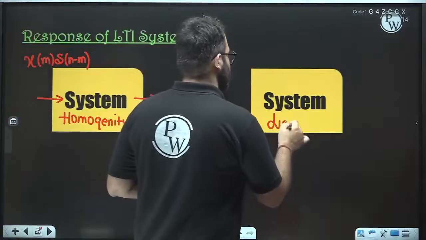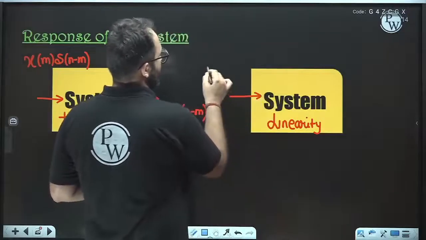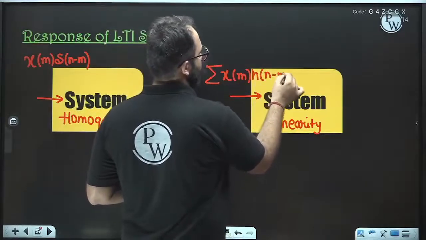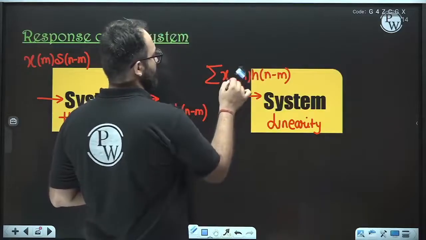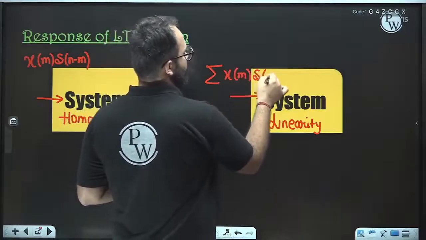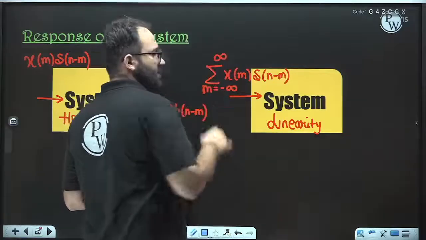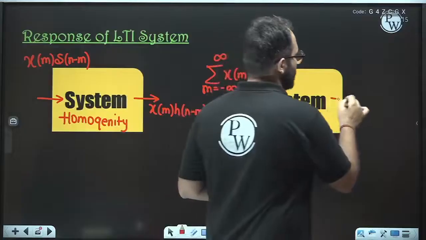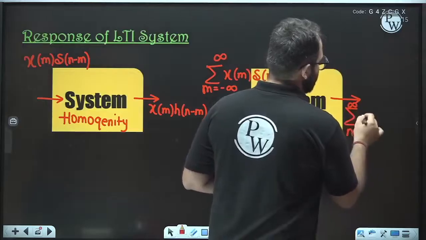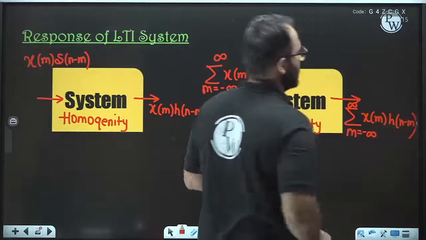So due to linearity, we do summation of x[m] delta[n minus m] going from minus infinity to infinity. And the result will also be equal to the summation on the output, x[m] h[n minus m], from minus infinity to infinity. Okay, so this is the result.